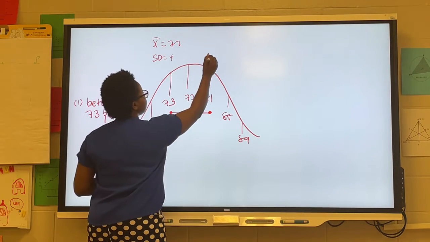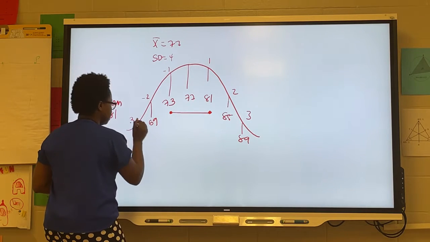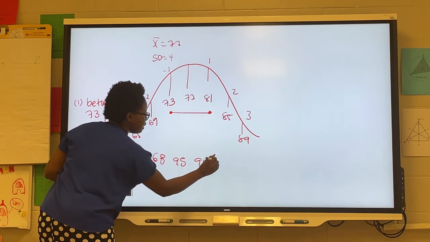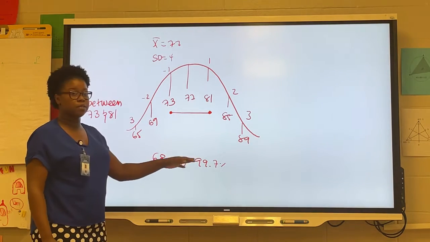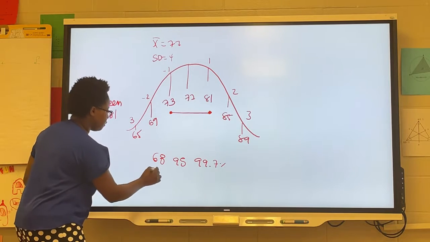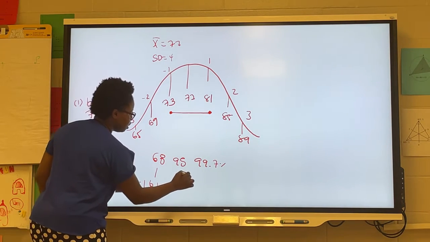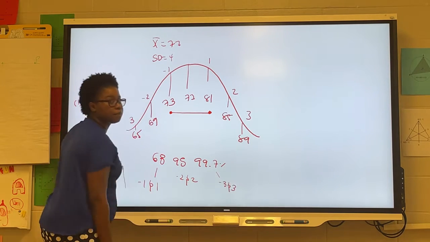We know that -1, 2, 3. So the 68, the 95, and the 99.7% rule should help you understand which of these regions represent 68. So that's your first, between -1 and 1. This one, -2 and 2. This one, -3 and 3.